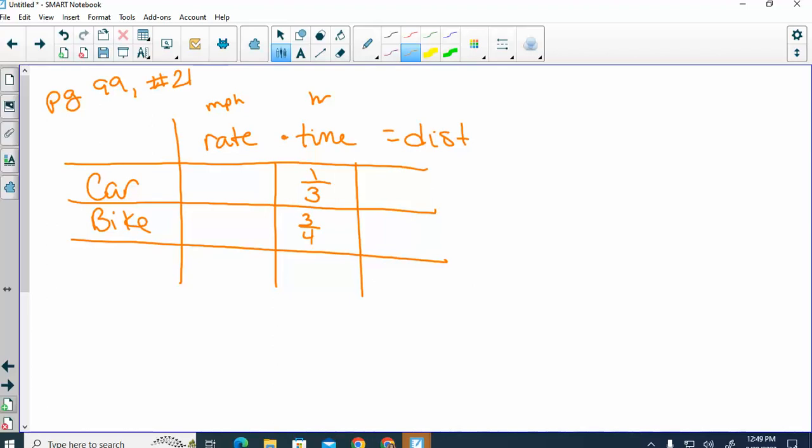Okay. His average driving speed is 4.5 miles per hour greater than the average speed on the bike. So do we know how fast he goes on the bike? No. But in the car, he's 4.5 greater. So what would it be? X plus 4.5. Then rate times time equals distance.